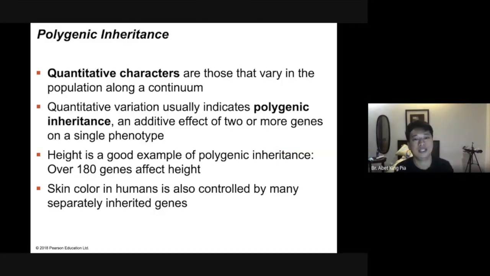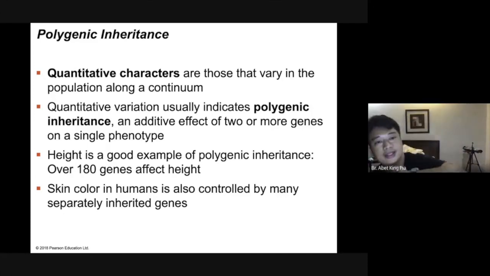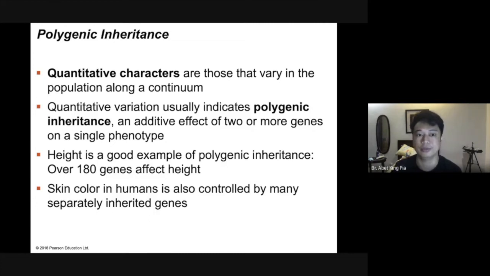Now, for polygenic inheritance, klaro na po yun sa sample natin sa dogs. So for polygenic inheritance, quantitative characters are those that vary in the population along a continuum. So this quantitative characters and the quantitative variation usually indicates polygenic inheritance, an additive effect of 2 or more genes on a single phenotype.